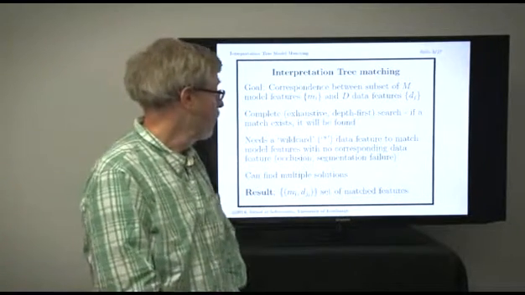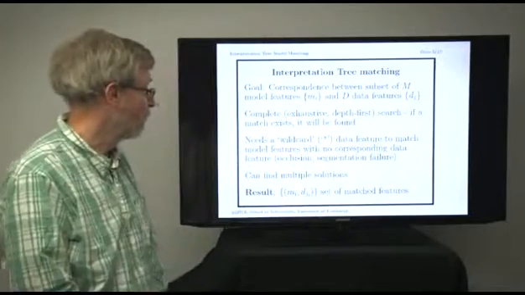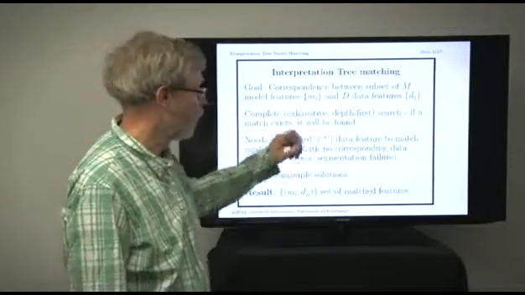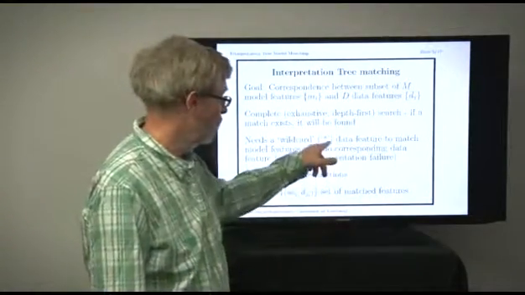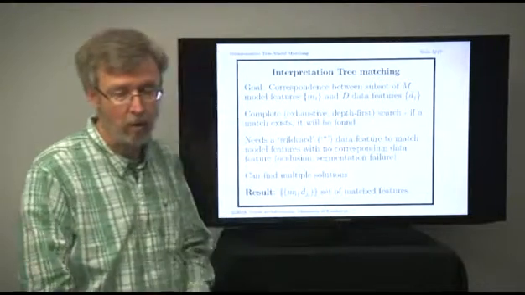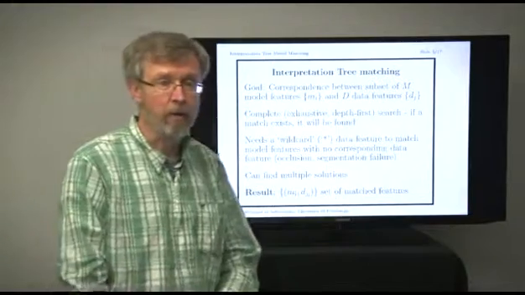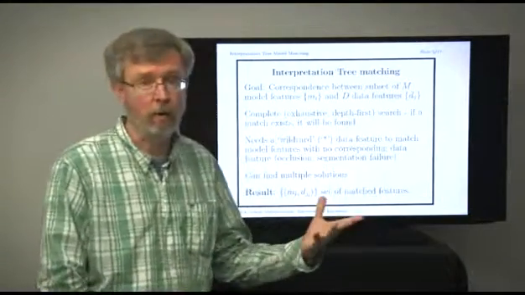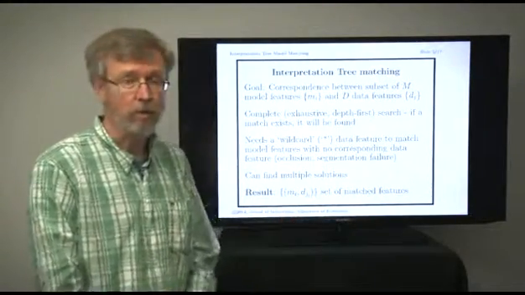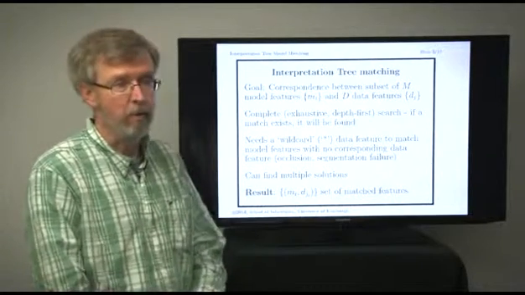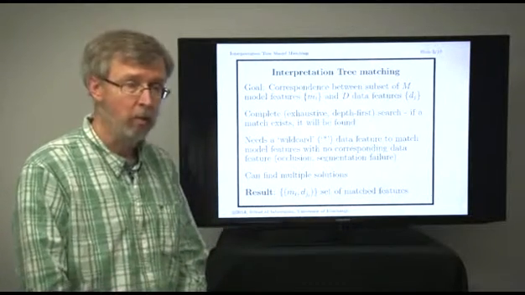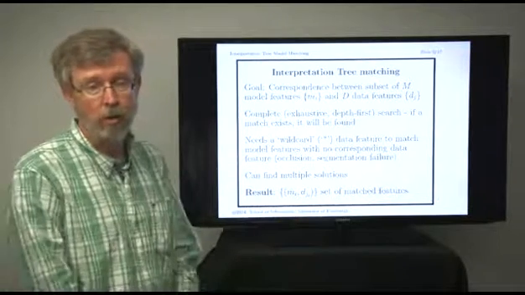Now, unfortunately, we're going to have to extend our search algorithm with a thing called a wild card, or we'll use it symbolically like a little star right here. The reason for that is that our data is not perfect. Our model may be perfect. We have a whole set of edges that describe the object, but the data won't be perfect. As we've seen, sometimes we miss an edge.